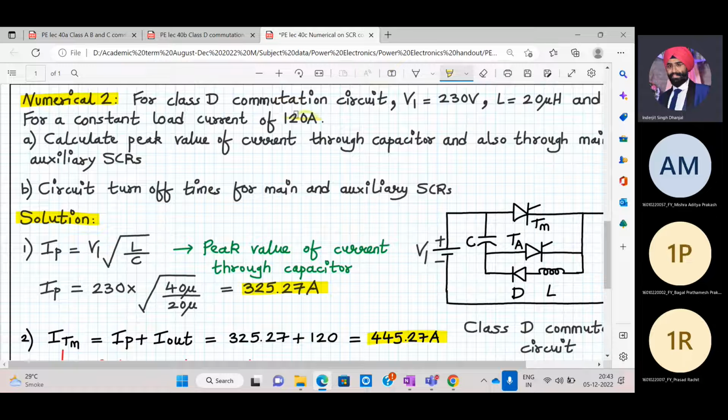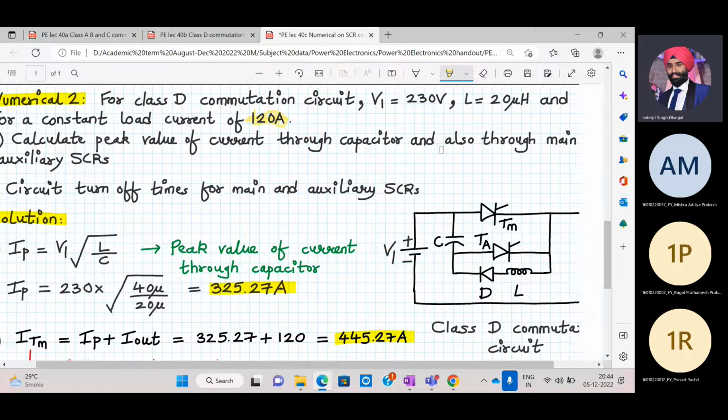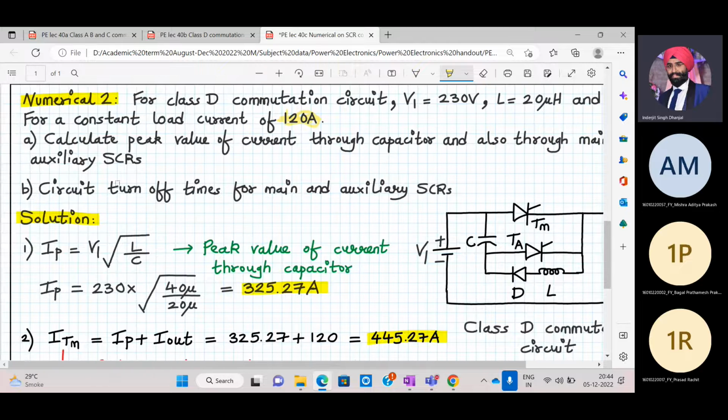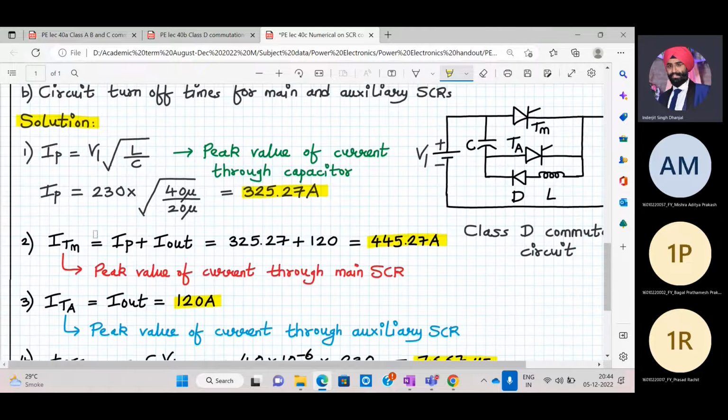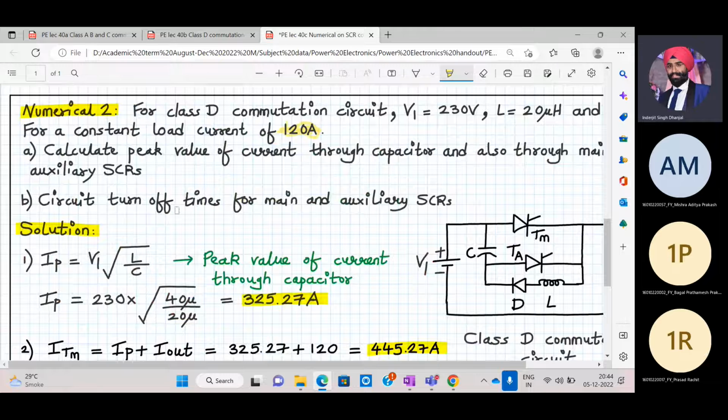I out is constant because of the RL load actually. Calculate the peak value of current through the capacitor. That means they are asking us to find IP and also, through the main and the auxiliary SCR, ITM and ITA. The circuit diagram is given to you. They are also asking us to find the turn off time for the main and the auxiliary SCR.